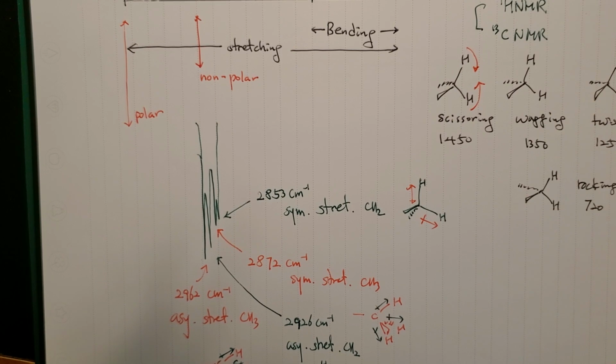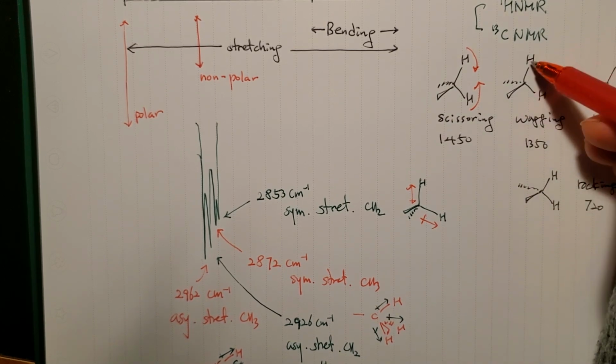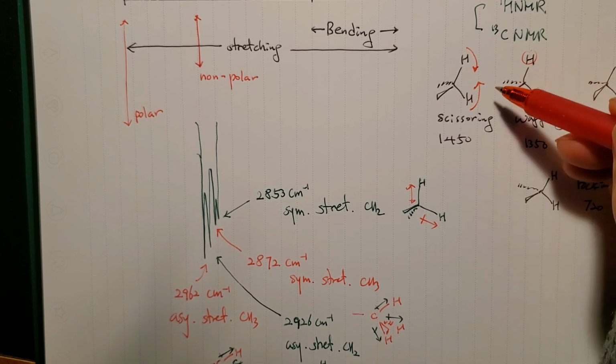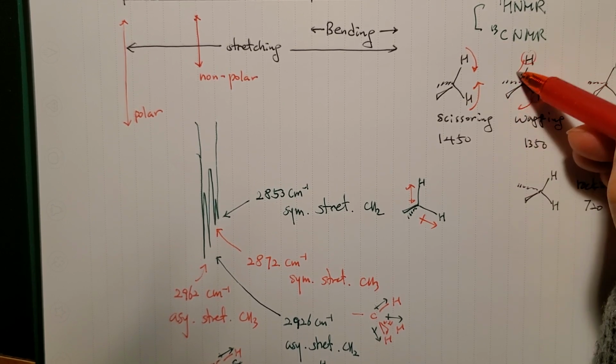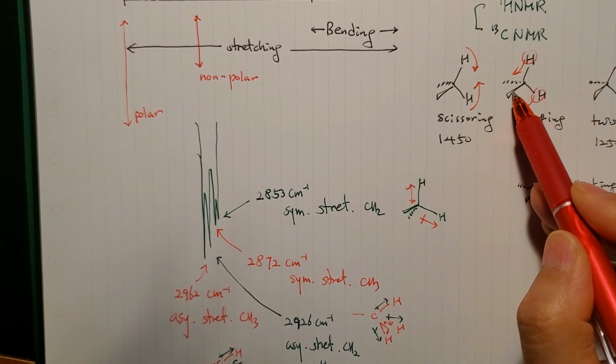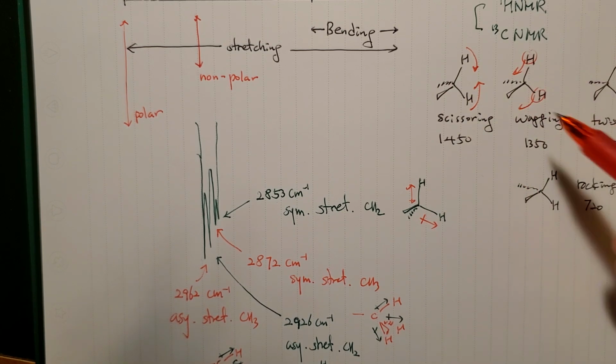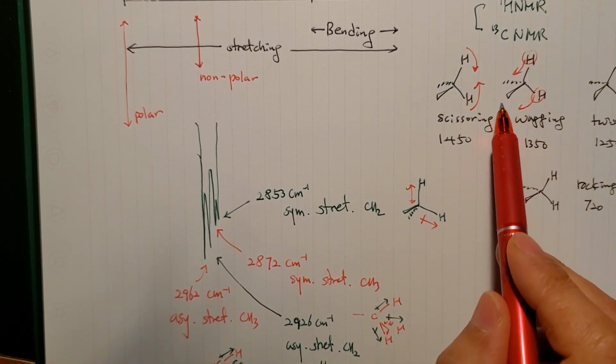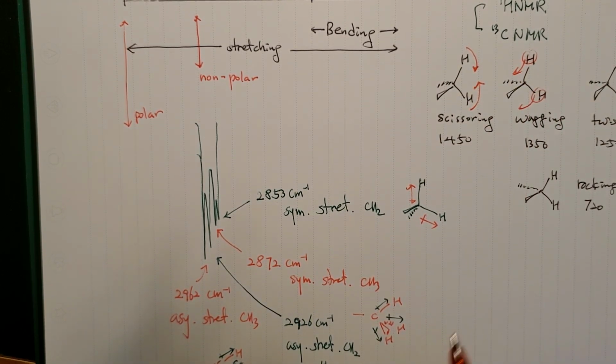But wagging is when you have these two together, coming out of the page, meaning approaching this electron and going in, approaching this electron, and they don't change their angle, but they're just approaching this side, the other side. So that's also expected to have some repulsions. So somewhat less than this, but high end of frequency.